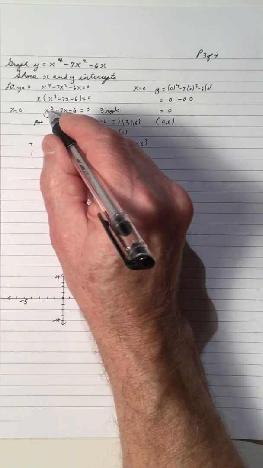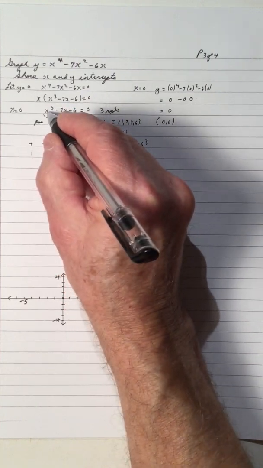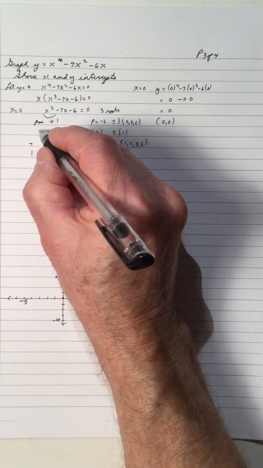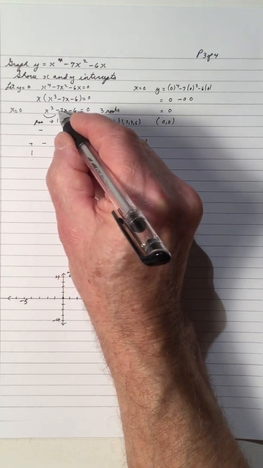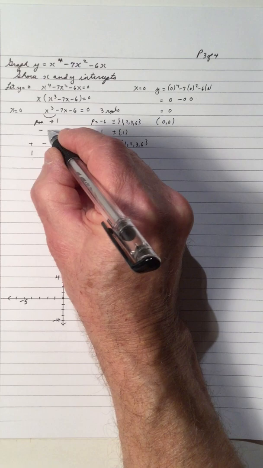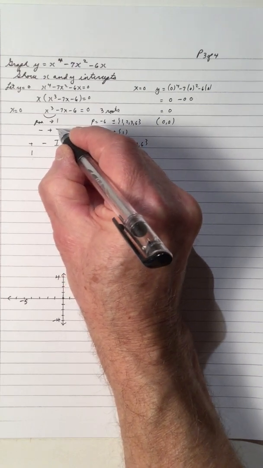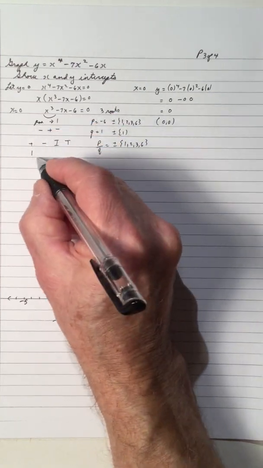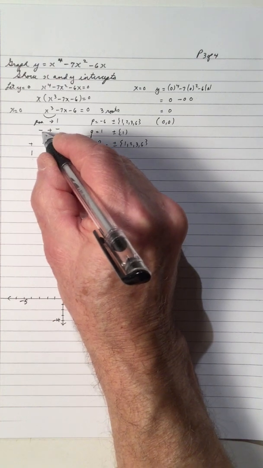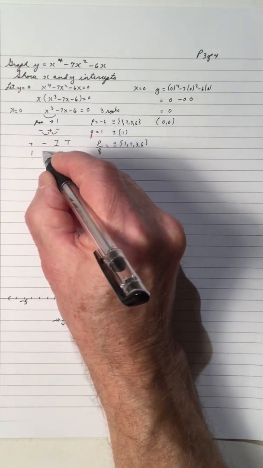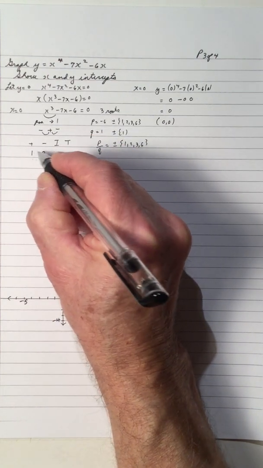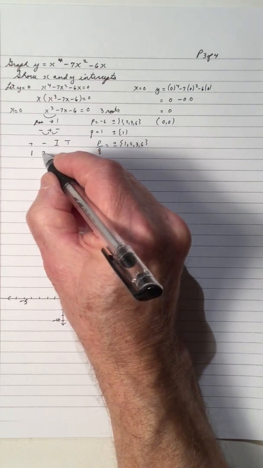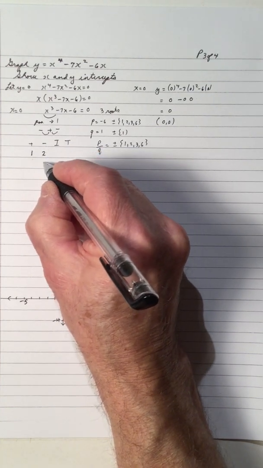Negative x cubed is negative. Negative 7 times negative x is plus, and we have a negative. So in terms of a negative, this changes and this changes, so we have 2 negatives. So we have 1 positive, 2 negatives, or no negatives.